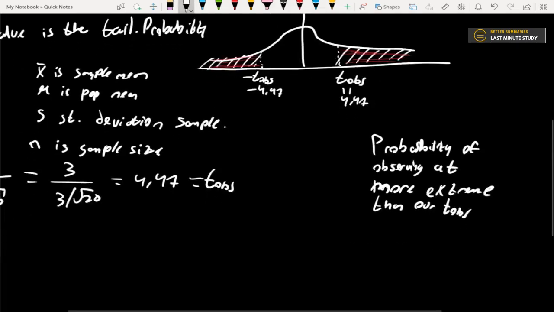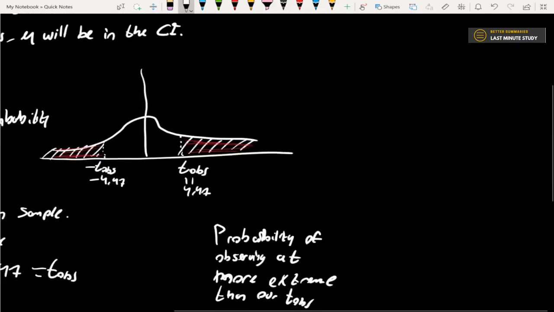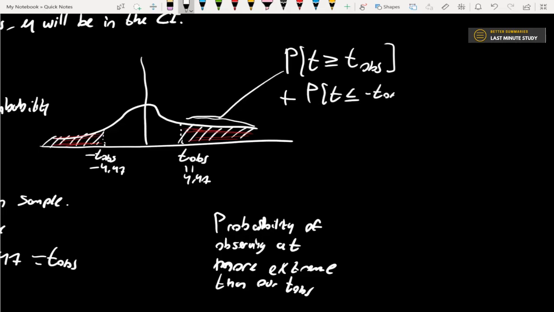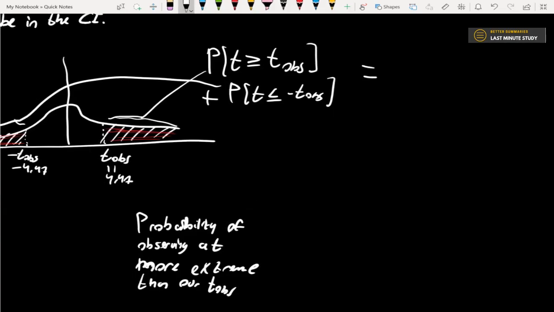So that's gonna be the probability of t being larger than t observed, right, that's this, plus the probability of t being smaller than minus t observed, right, that comes from this area. So this area we want to know. Well, we know that's going to be equal to, due to symmetry, which we should not forget, 2 times the probability of observing a t larger than the one we already observed.